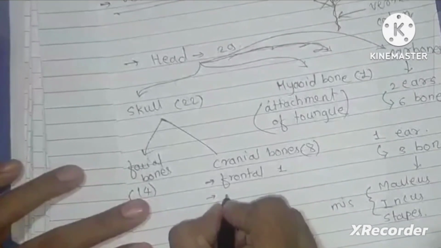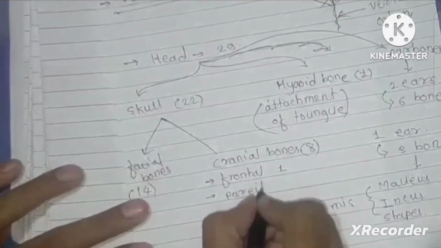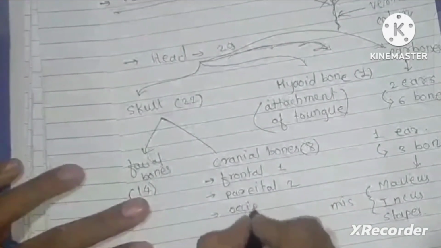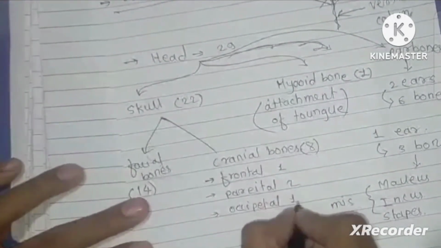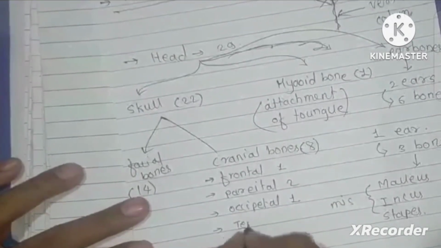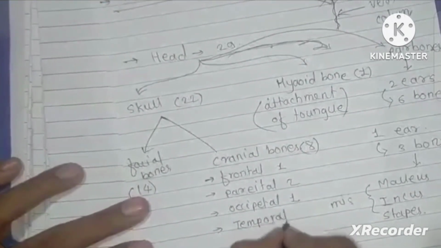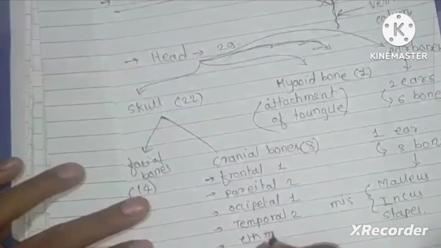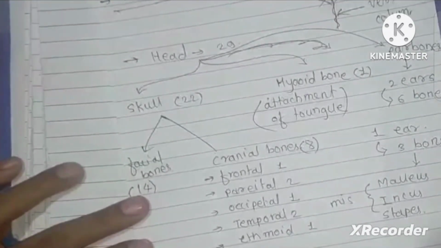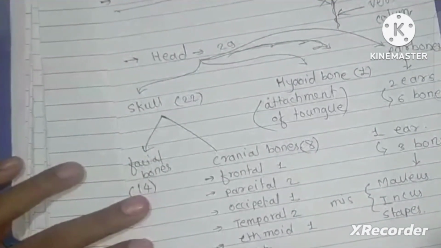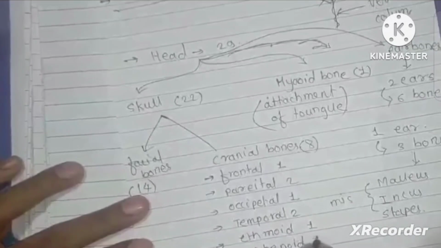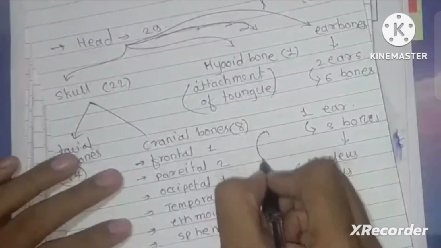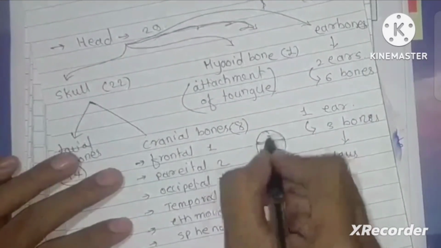Frontal 1, parietal 2 bones which are attached together by sutures. Occipital bone, which is 1 in number, and temporal bones, which are 2 in number, which are also attached through sutures. One ethmoid bone, which is present between 2 eyes, and sphenoid bone, which is on the sides.